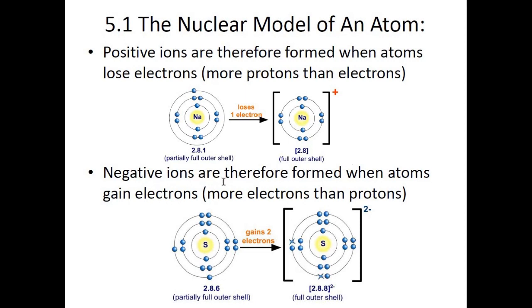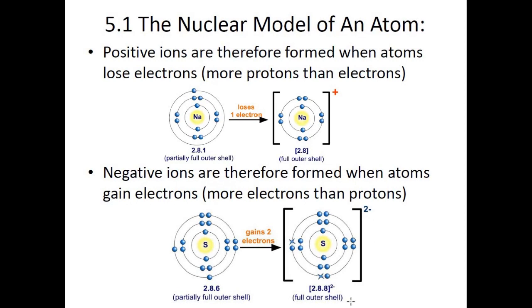Negative ions are formed when atoms gain electrons so they would be having more number of electrons as compared to the number of protons. For example, this is a sulfur atom that is having 16 total electrons and 16 protons.